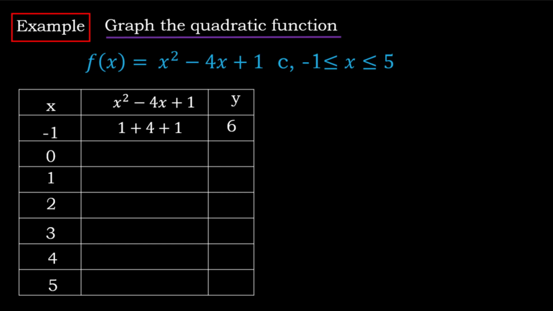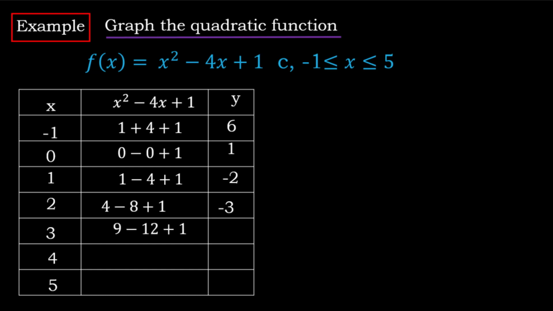In the same way, 0 squared is 0, minus 4 times 0 is 0, plus 1 is 1. F of 1 is 1 minus 4 plus 1 equals -2. To find f of 2, 2 squared is 4, minus 4 times 2 equals -8, plus 1, 4 plus 1 equals 5, minus 8 is -3.